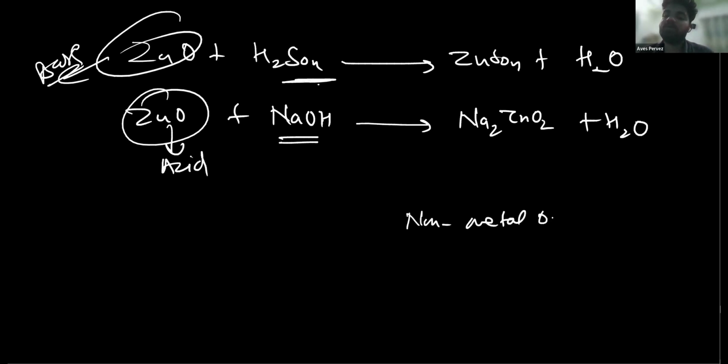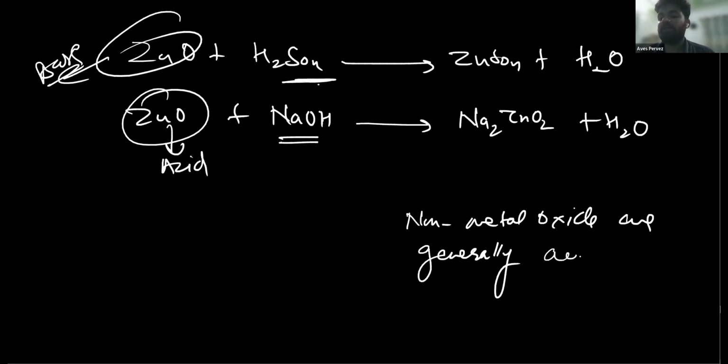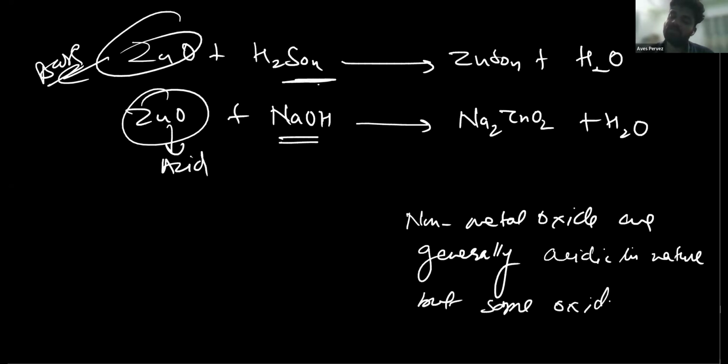Non-metal oxides are generally acidic in nature, but some oxides also show neutral behavior.